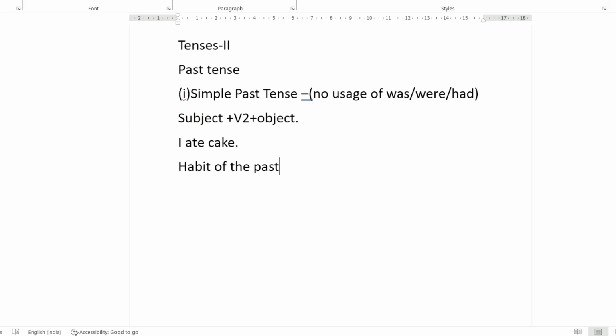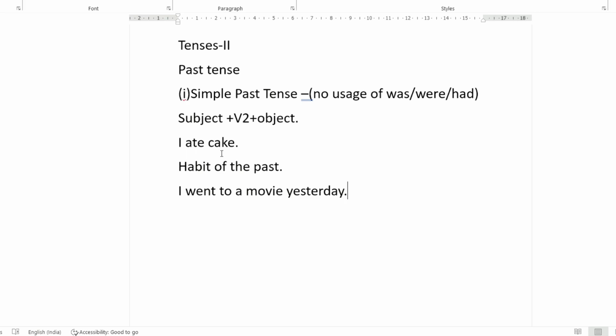Or an action which used to take place regularly in the past, but now it is no longer taking place. Or an event which took place in the past. For example, I went to a movie yesterday. So it is an event which happened in the past.